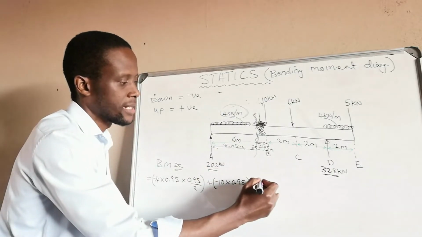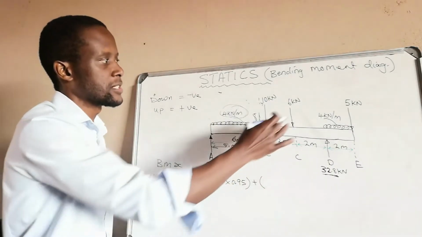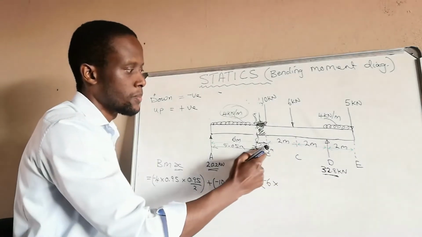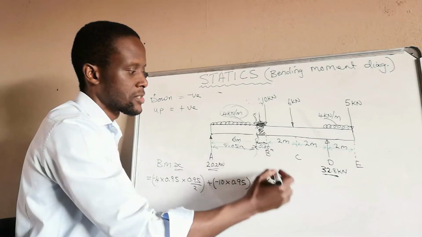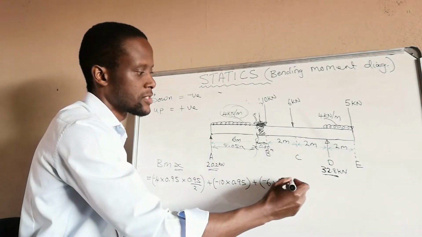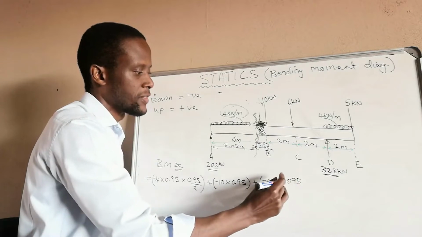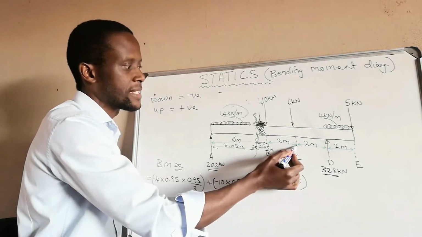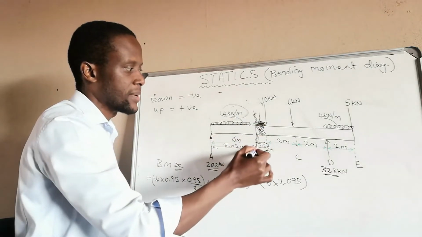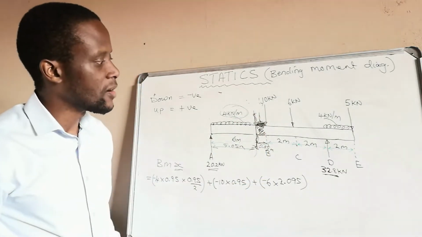Forces going downwards is negative, forces going upwards is positive. We go to the 6, also negative 6 times 2 plus 0.95. With the distances you keep adding, we have 2 meters plus the 0.95. Remember, we are coming up until our point X.